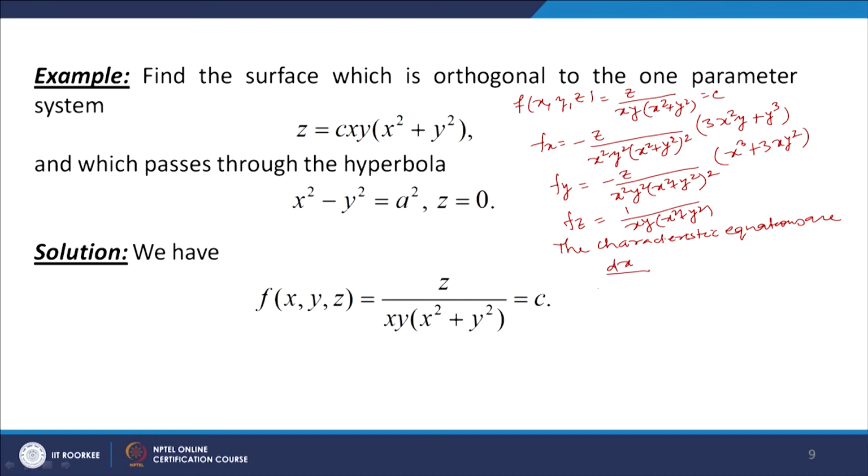So we have minus z upon x square y square (x square plus y square) whole square times 3x square y plus y cube, dy over minus z upon x square y square (x square plus y square) whole square times x cube plus 3xy square, and then we have dz over fz, which is 1 over xy into (x square plus y square).